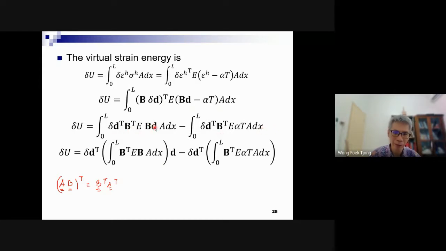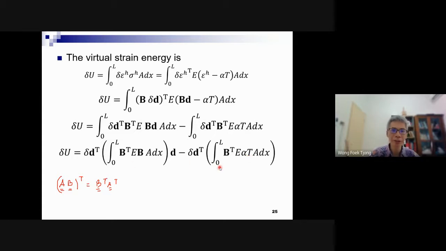D is surely not a function of x, because that's the nodal displacement, the position already fixed at the ends, right? So we can take it out of the integrals, and we can also take delta D out, because they are nodal values. Also, the delta D transpose we can take out of the integrals. So this is the expression for the virtual strain energy.